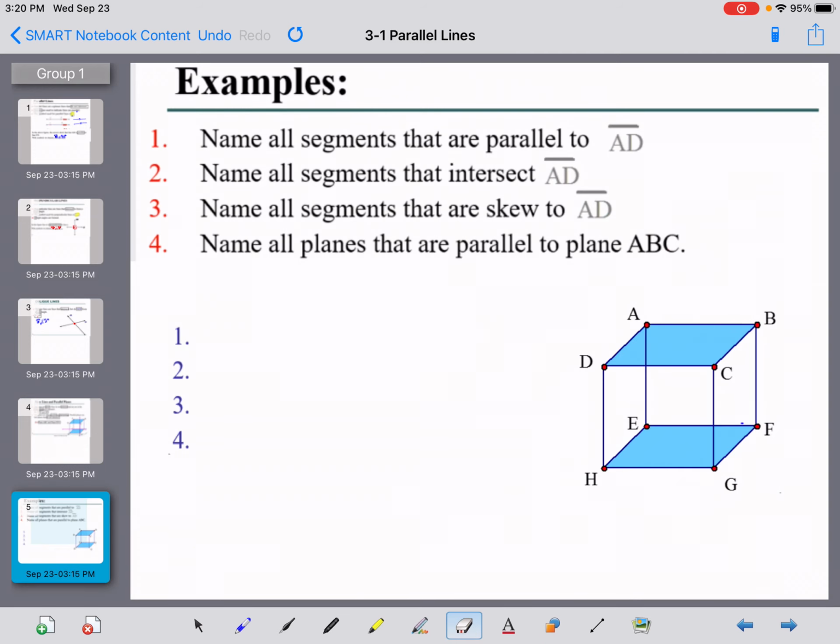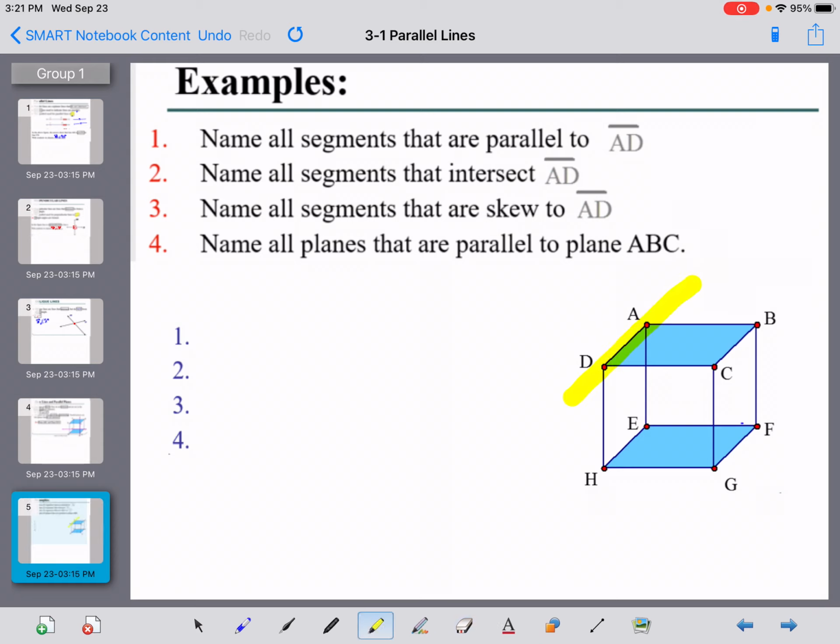And now we're just going to do some examples where we use our vocabulary. So we're going to name all the segments that are parallel to AD. So first of all, let's put a spotlight on AD.